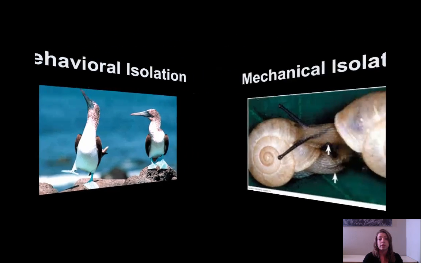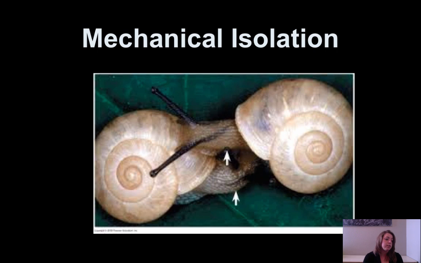to reproduction in birds. Mechanical isolation is isolation in which the parts don't match up, and so we can't align gamete-producing structures for the exchange, which would result in fertilization. So here you see two species of snail. They differ in one gene, which is going to turn their shells in opposite direction.